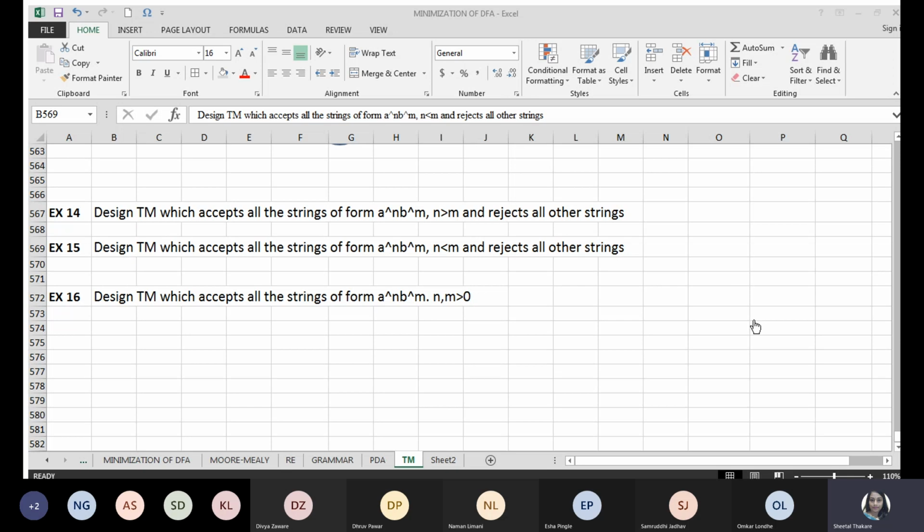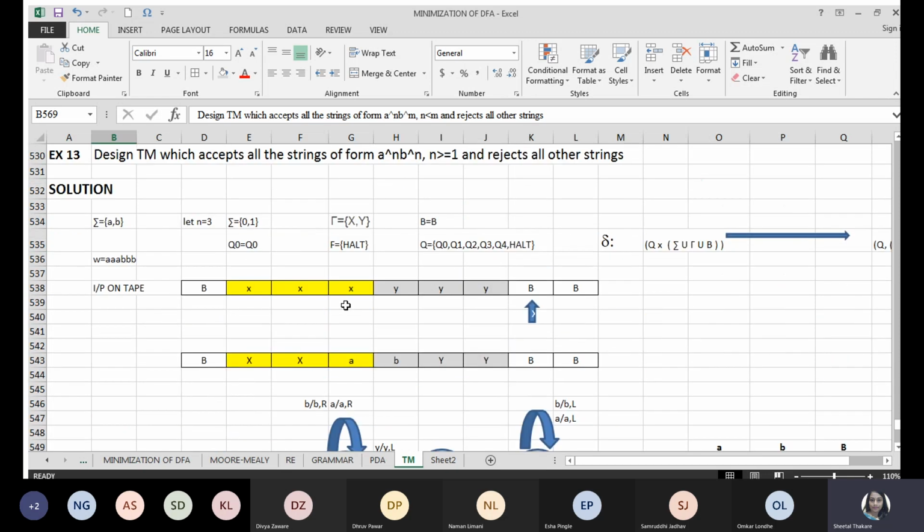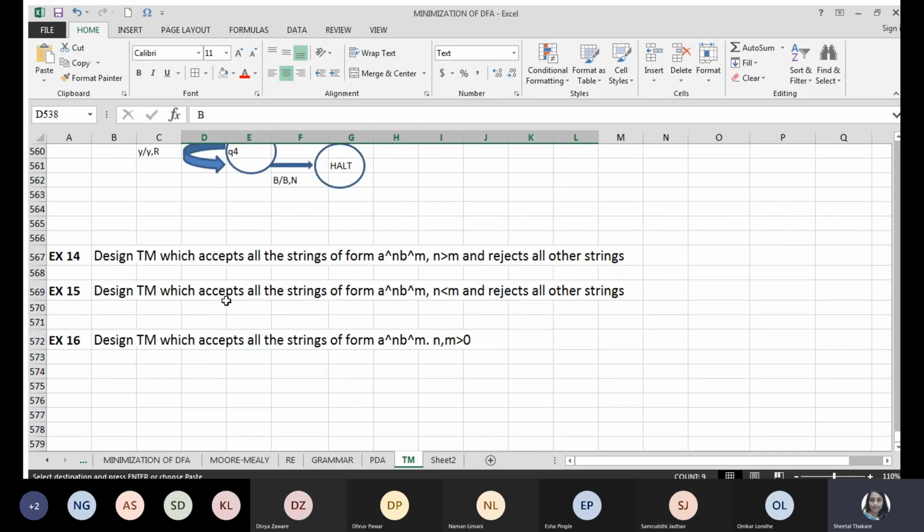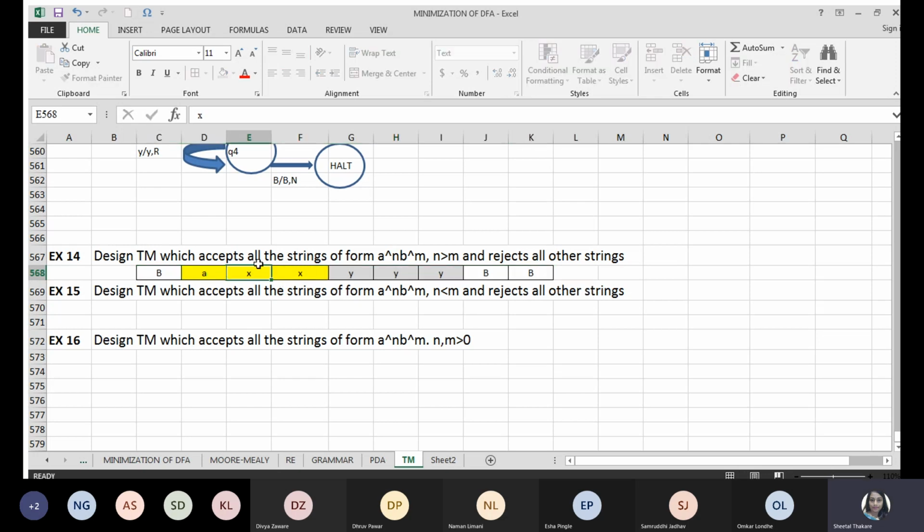I hope whatever I am saying is understood. So this can be represented likewise. Number of A's are more, so you can have A's likewise.